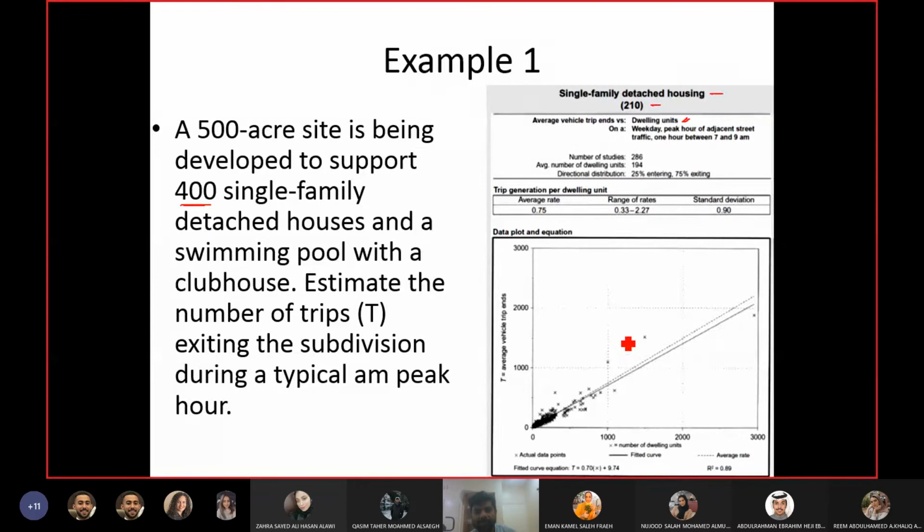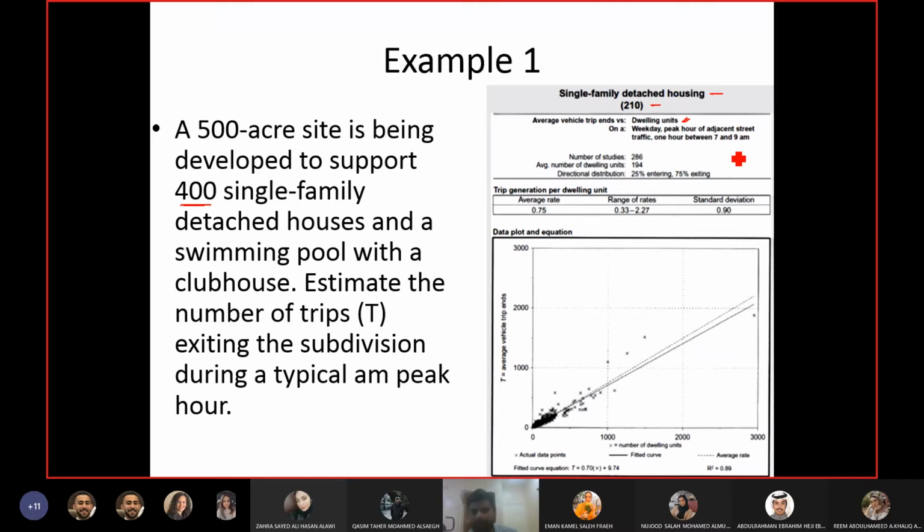They found 286 sites which had single family detached housing, and then they took the data of the number of dwelling units and the number of trips coming out of those facilities. They must have done it in different peak hours, right? That's why they are giving a separate set of data for the AM peak hour. They must have a separate set of data for the PM peak hour as well, right? So you can imagine how much work they have done.